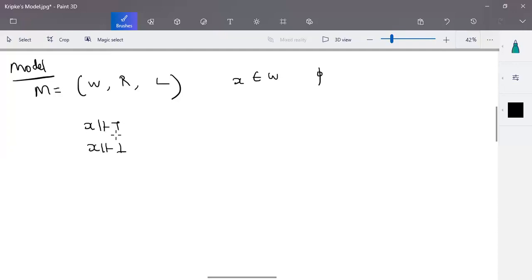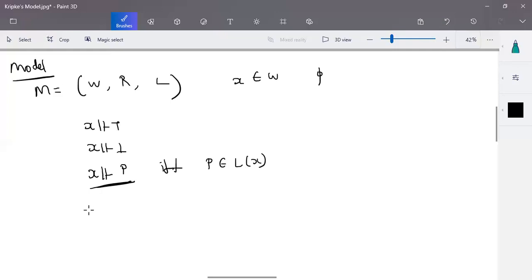If X is present, it is true. If X is not present, it is false. And we can have a statement like this. When I write a statement like this, if for that X this P is present in the label L of X, then it is allowed.